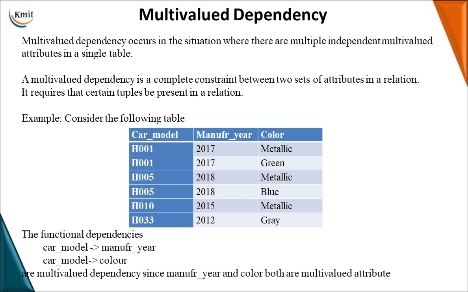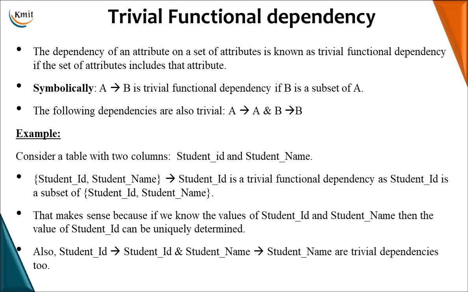And colors may also be different. In 2017 you would have manufactured that car in multiple colors, and in 2018 also you have manufactured it in multiple colors. So there can be more than one value for both manufacturing year and color. This kind of dependency is called multi-valued dependency. We will see that this adds more rows into your table actually.